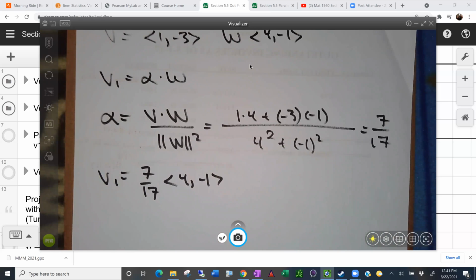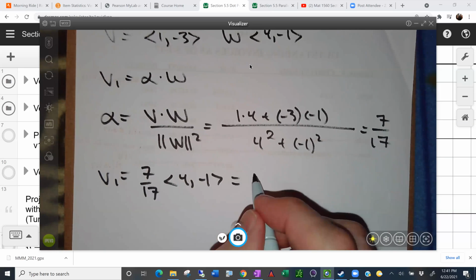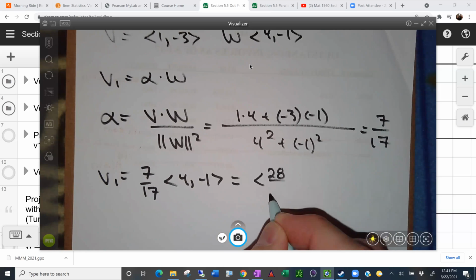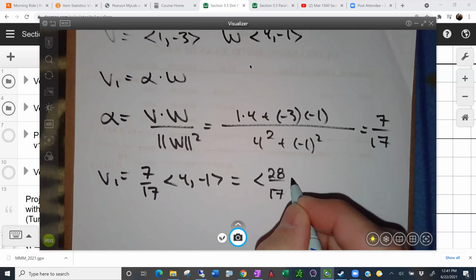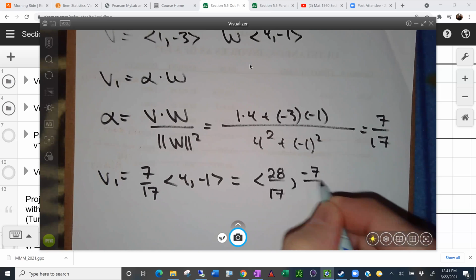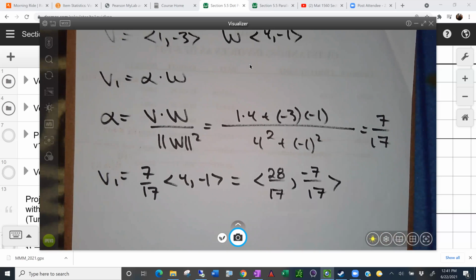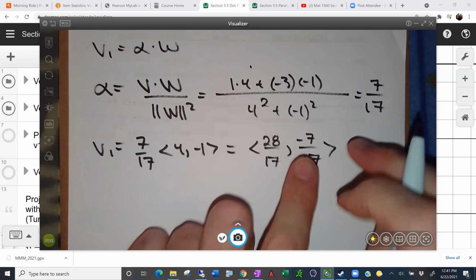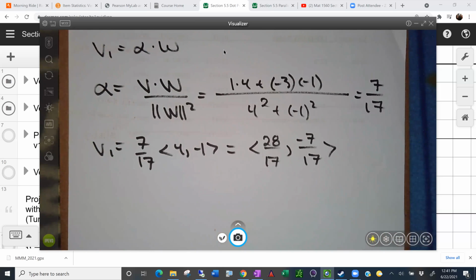Well, let's see. That's going to be 28 over 17 and -7 over 17. That's the point that I want to point to get vector V1.